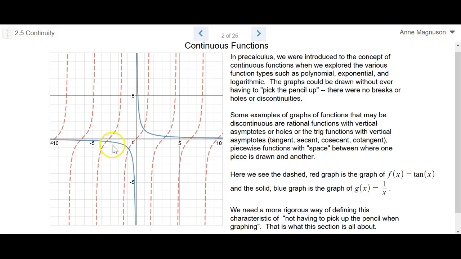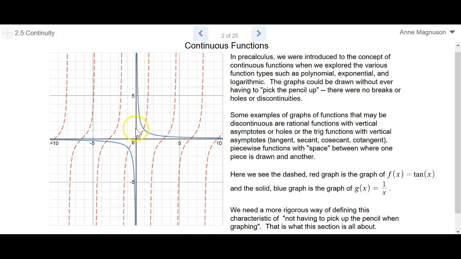So here's the tangent function, this dashed function, and you see that it's not continuous where cosine x is 0, and that is going to be at odd multiples of pi over 2.